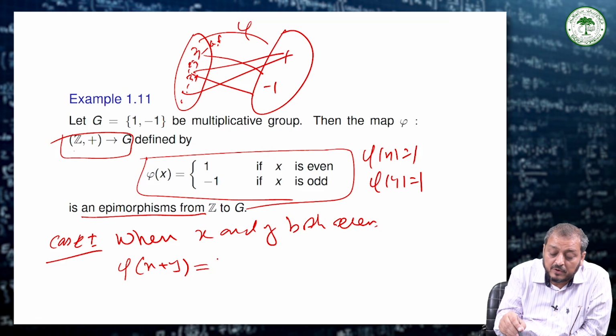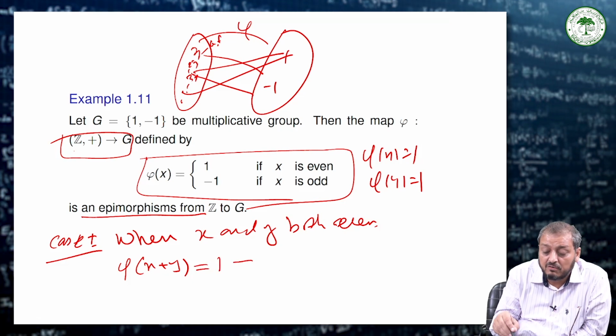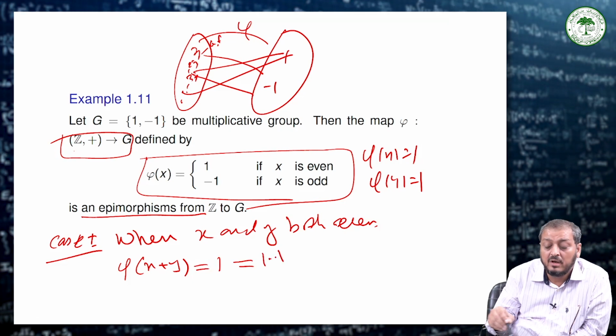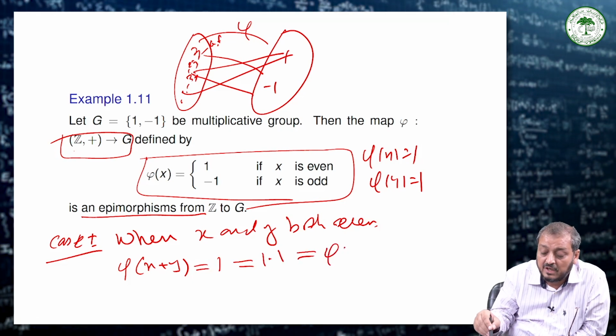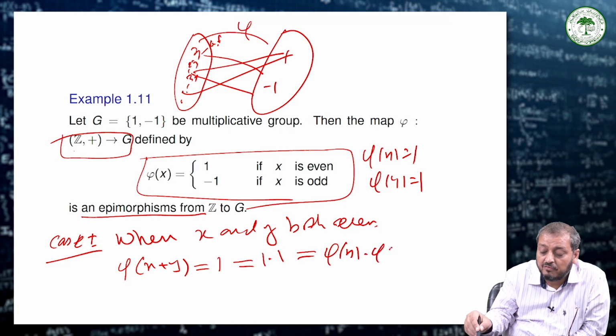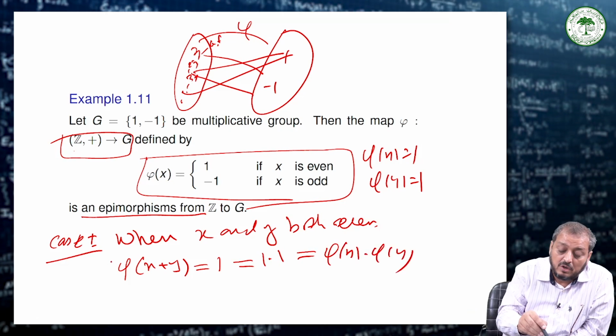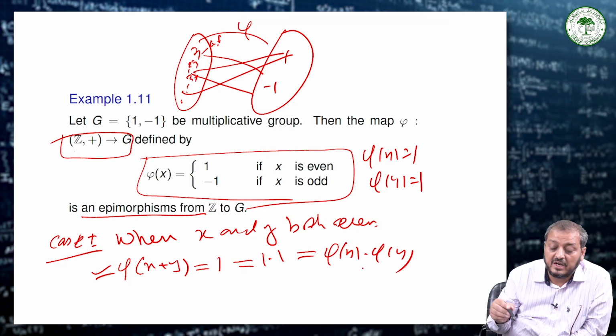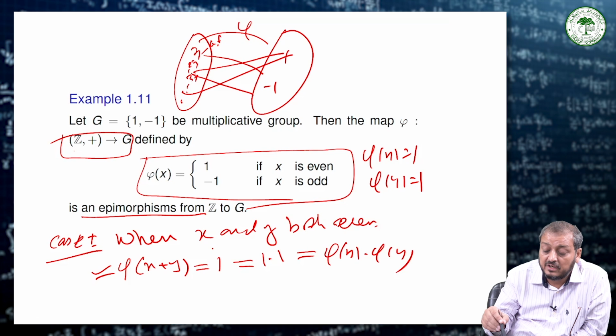This means it is mapped to 1, which is the multiplicative identity, and 1 can be written as 1 into 1, which is phi of x into phi of y.